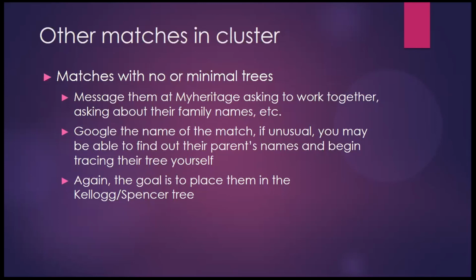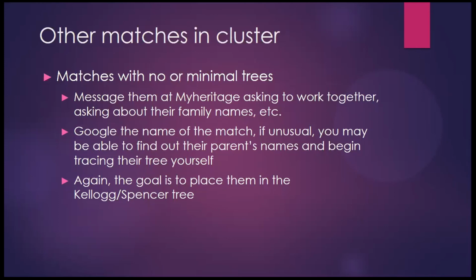If the person has a really uncommon name and they're a high level match with you, it might be beneficial to Google their name and see if you can find them in real life and find obituaries and different records about their family, maybe some Find a Grave records that show you who their parents are, and you could just start researching them yourself that way if you could identify who the match is.